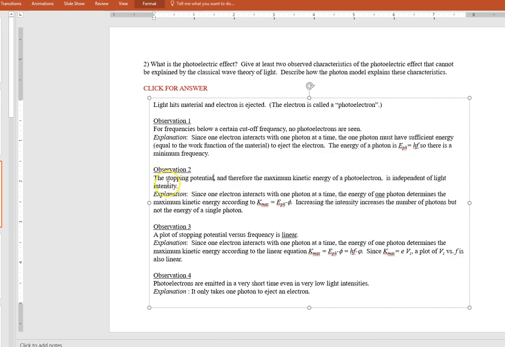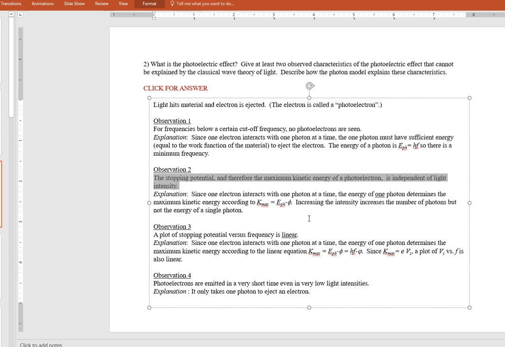Okay. This idea of one photon interacting with one electron also explains observation 2. What's observation 2? The stopping potential, and therefore the maximum kinetic energy of a photoelectron, is independent of light intensity. If we keep the frequency the same but crank up the light intensity, in the photon model what we're doing is increasing the number of photons per time that are hitting the metal.